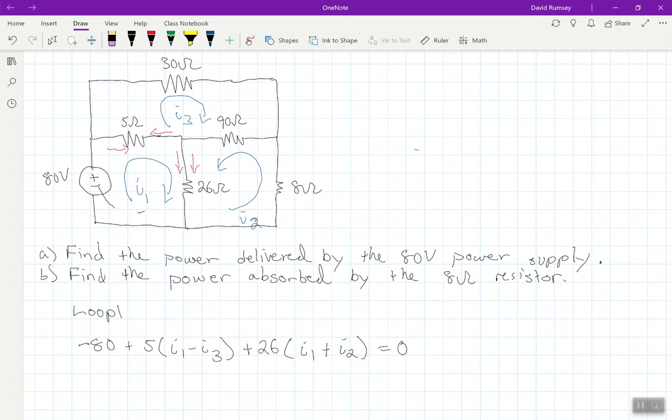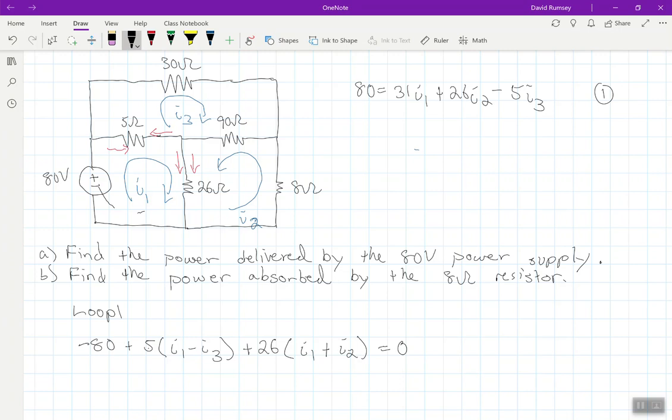So we'd have 80 volts, because I'm going to move that to the other side, is equal to 5 plus 26 is 31, so 31 I1, and then plus 26 I2 minus 5 I3. So that's what I'd have for loop 1. And again, of course, I have 3 unknowns, but I have 3 loops, so we should be fine.